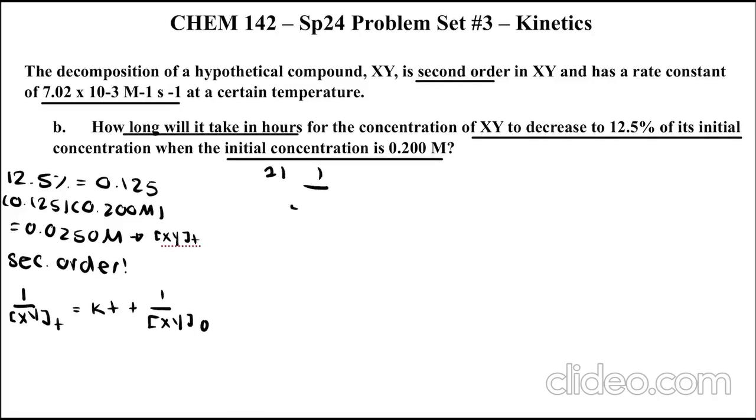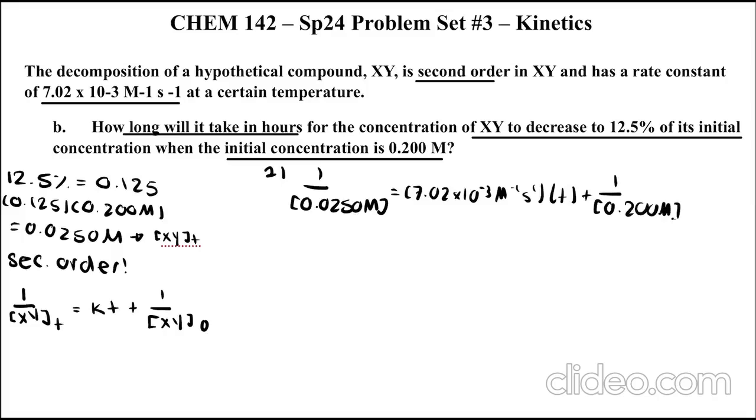So, 1 divided by our final concentration is equal to 1 divided by 0.0250 molar, which equals our rate constant, k, which equals 7.02 times 10 to the power of negative 3 inverse molar per second, times t, plus 1 over our initial concentration of 0.200 molar.